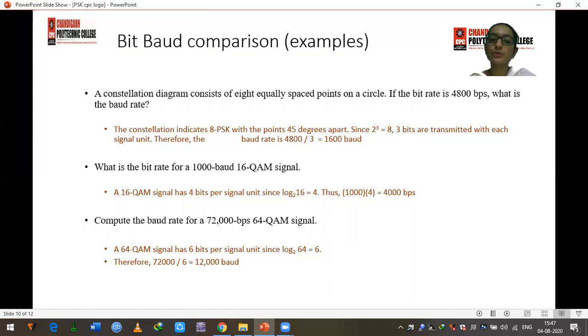Now we have to compute the baud rate for a 72,000 bps 64 QAM signal. The signal has 6 bits per signal unit, since log base 2 of 64 is equal to 6. Therefore 72,000 divided by 6 is 12,000 baud.